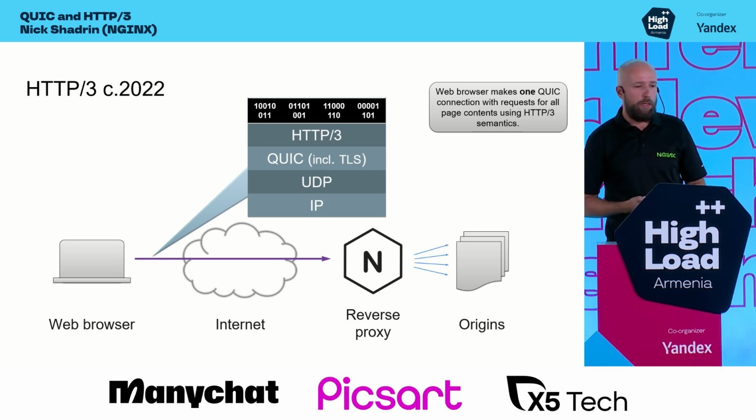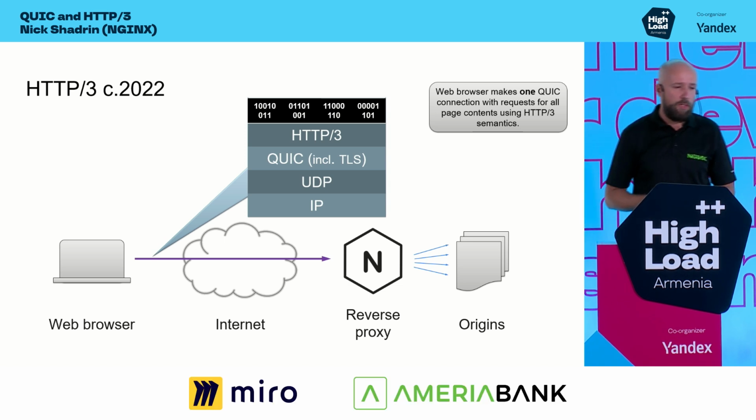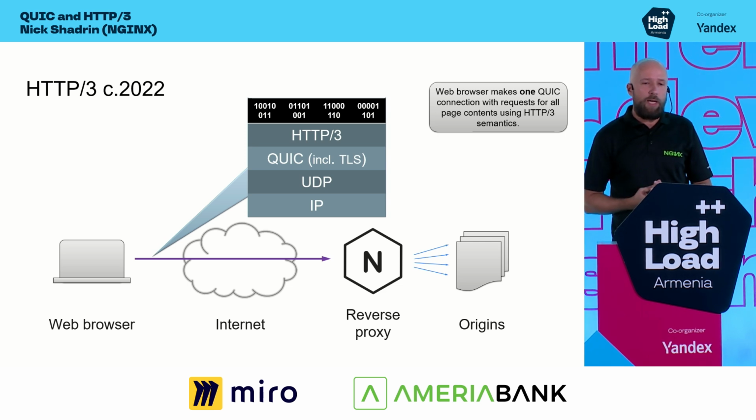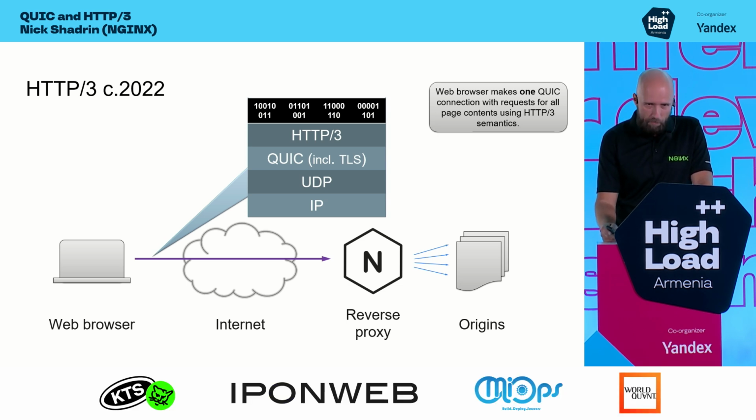It is well known that we are using UDP transport instead of TCP transport in order to use HTTP3 or QUIC. That is one of the big differences: the change of transport. Okay, so what's interesting about UDP?